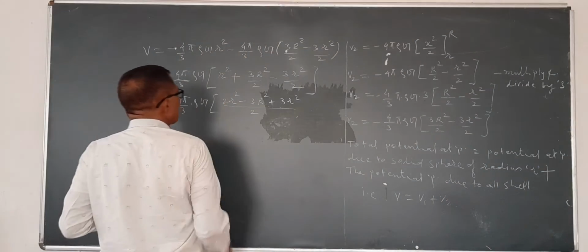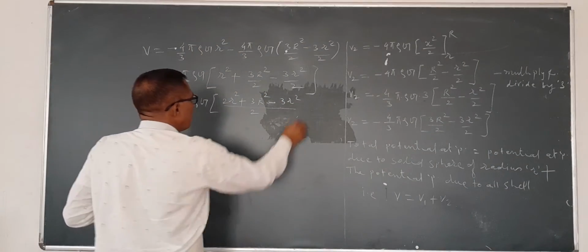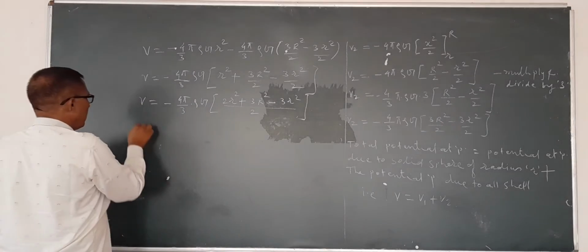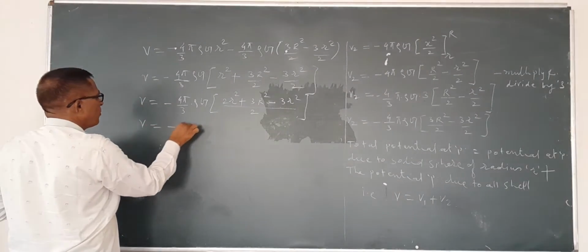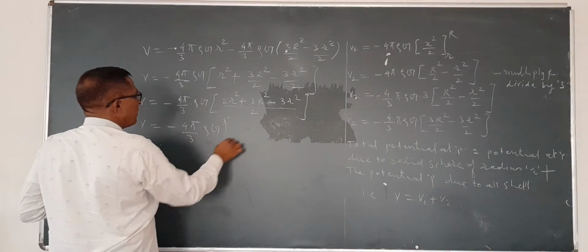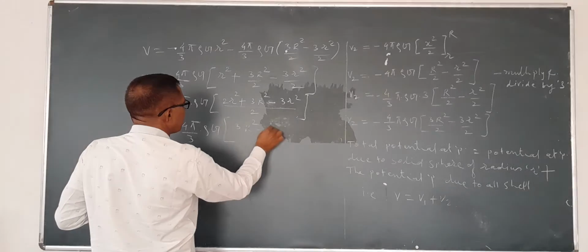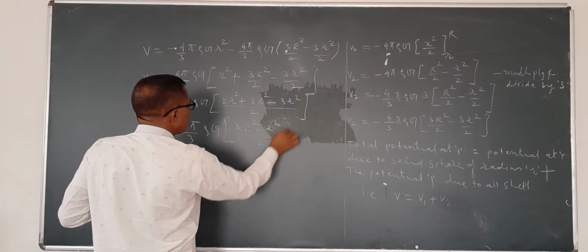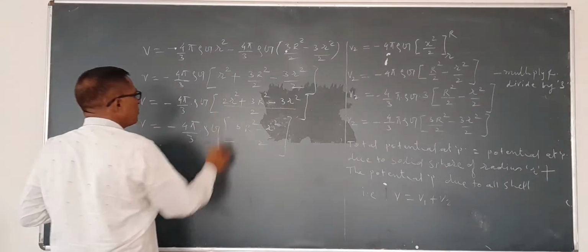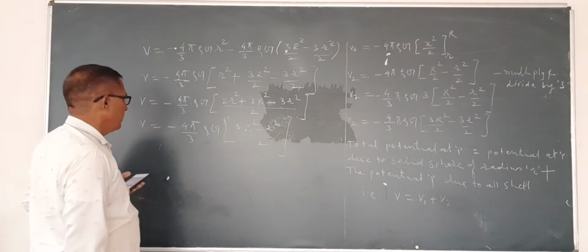Therefore, V equals minus 4 pi by 3 into rho g. Here 3r square minus 2r square plus 2r square, we are getting minus r square.